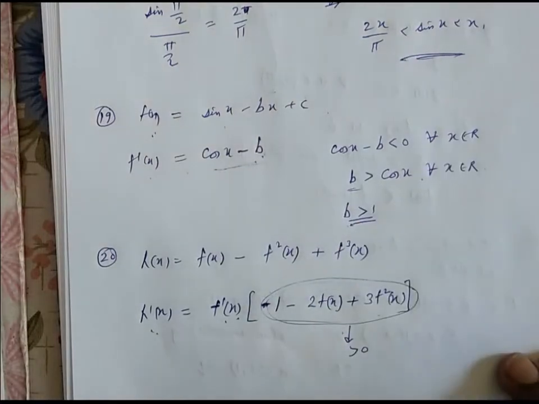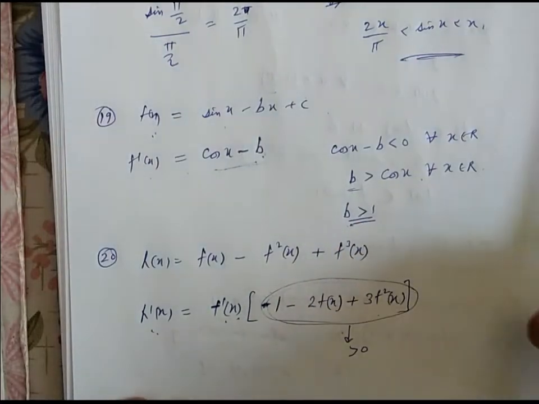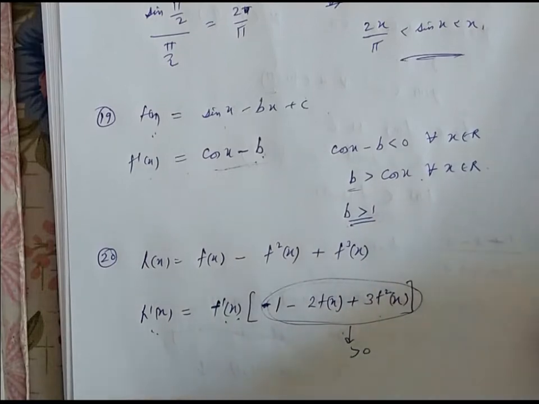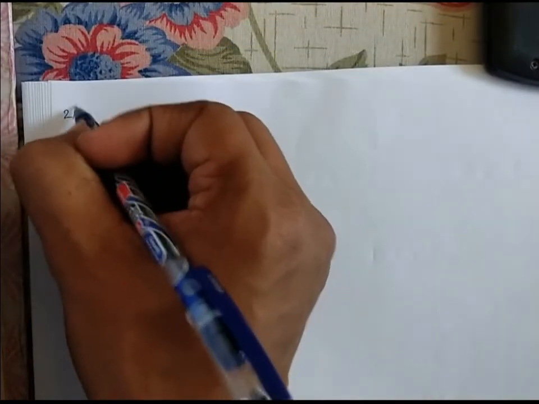Moving on to question number 21. So let f(x) be this, where a is a positive constant. Find the interval in which f dash is increasing. Okay. Question number 21.